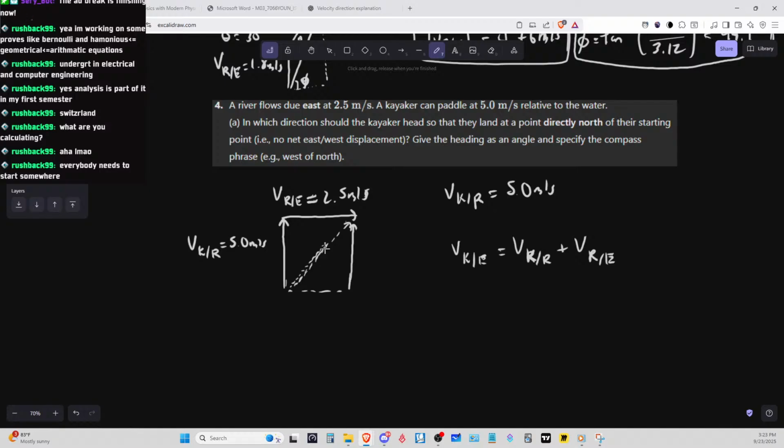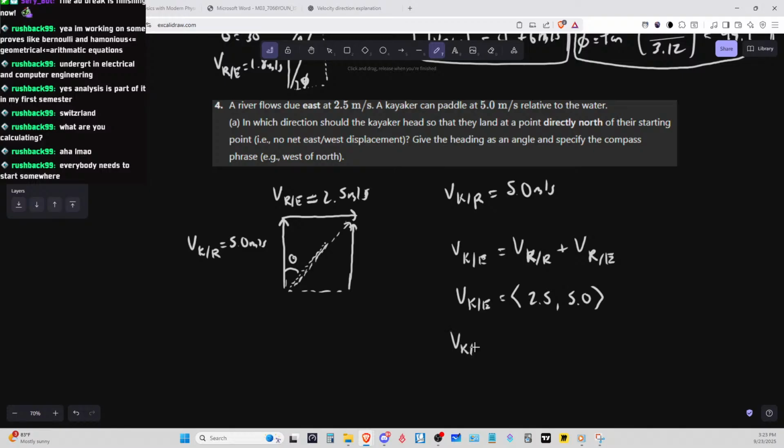So if you go this way, I mean, if you go this way, you actually want the river to push you over here. So maybe this angle is going to be important. And I think for this one, it's going to be like the vector 2.5 and 5.0.